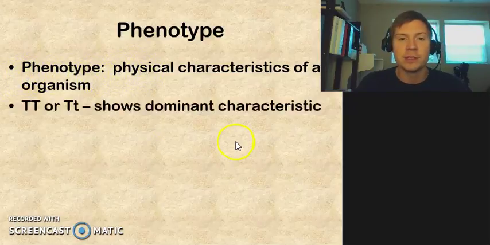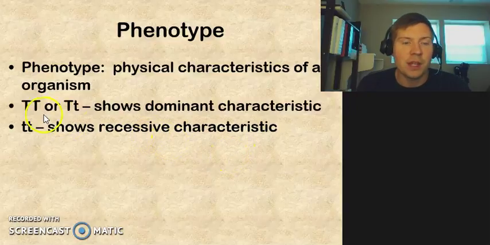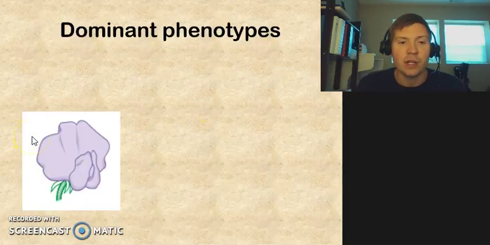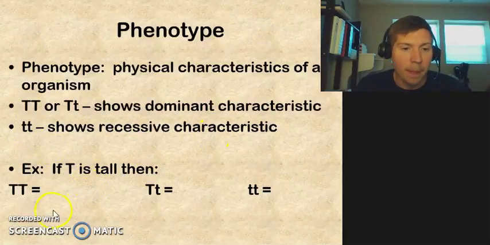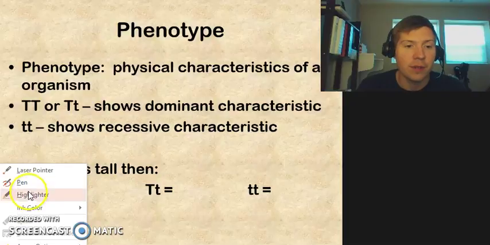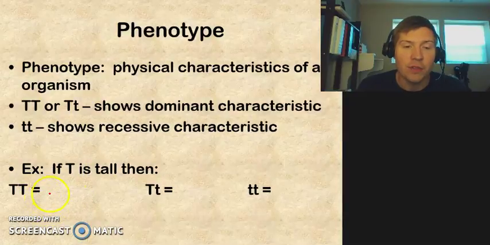Phenotype, physical. So we said big T big T shows the dominant trait, and little t shows the recessive trait. So in other words, big T big T would have a phenotype.